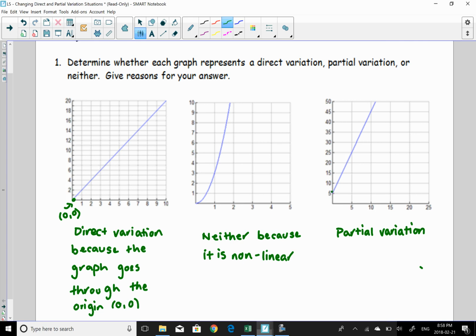Because it doesn't start at 0, 0, it starts at 0 and 5.